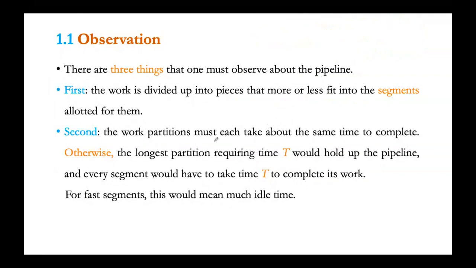Second, the work partitions must each take about the same time to complete. Otherwise, the longest partition, suppose it requires time T, would hold up the pipeline, and every segment would have to take time T to complete its work. So for fast segments, this would mean much idle time.